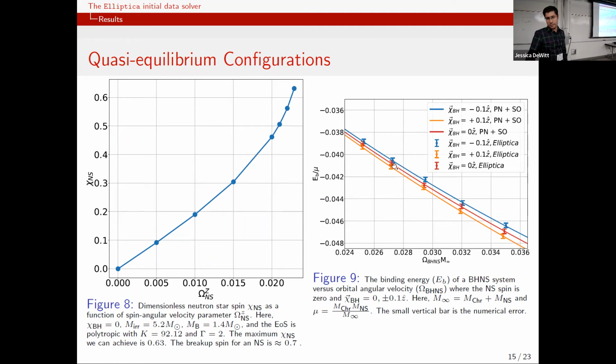And the dots over all of these curves show the result that we got from Elliptica. As you can see, the analytical result and what Elliptica calculated agree within the specific error that we have in our computation.